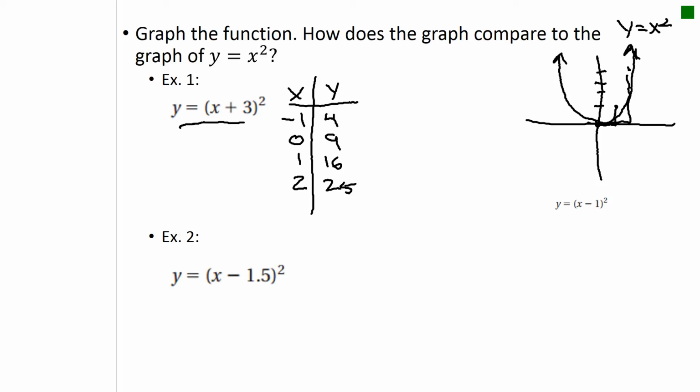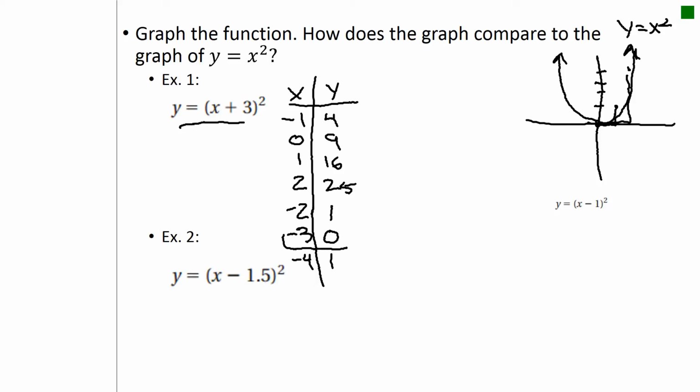And so I'm going to plug in some numbers less than -1, like -2 and -3. And now we have 1, because -2 plus 3 is 1, and 1 squared is 1. And when we hit -3, we come up with 0. When I go to -4, I get right back to 1 again. And I'm like, well, wait a second.